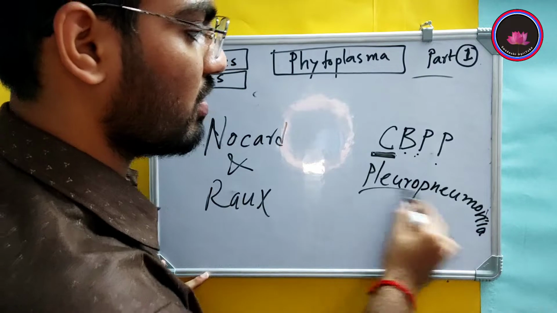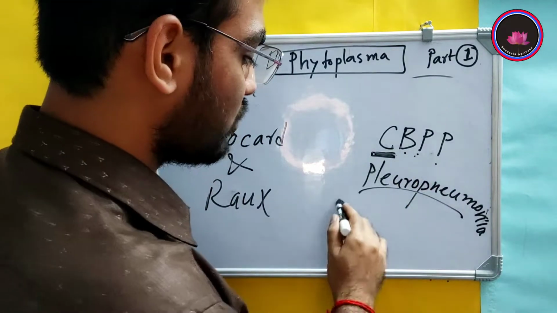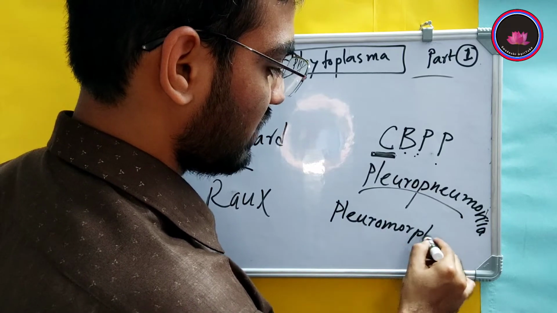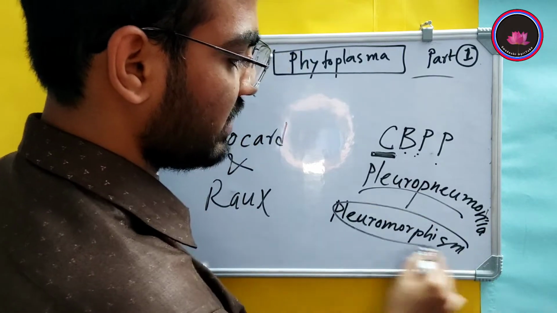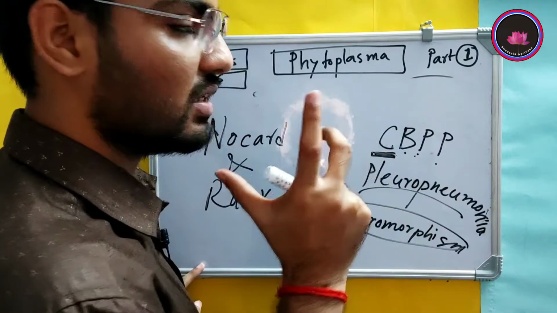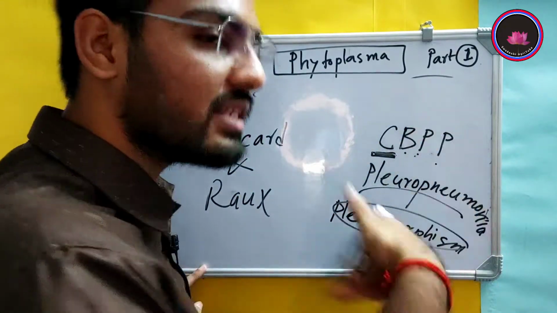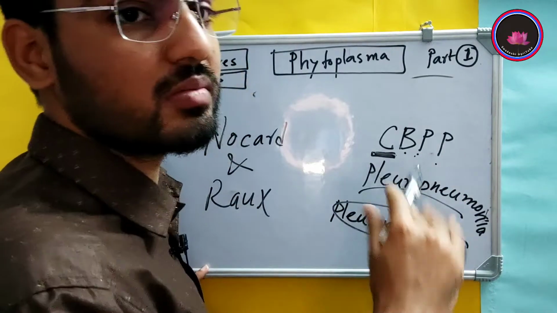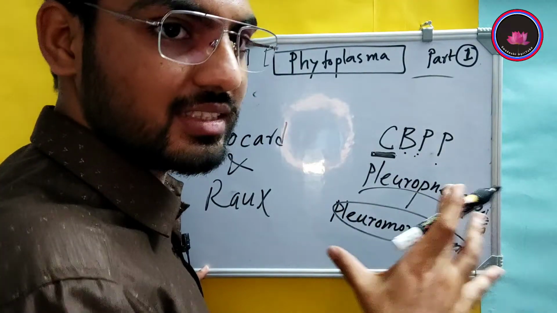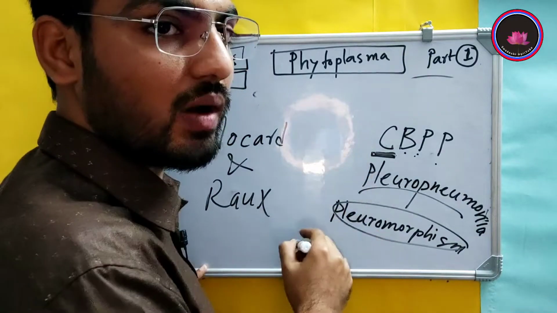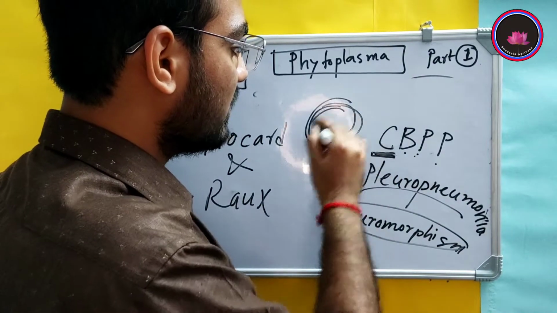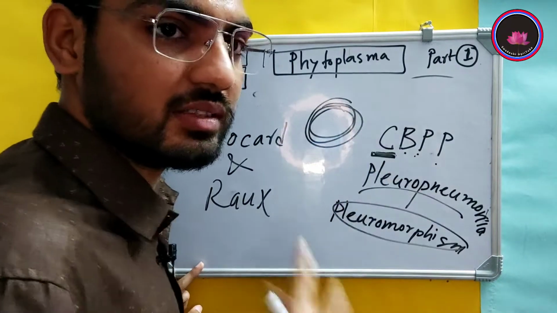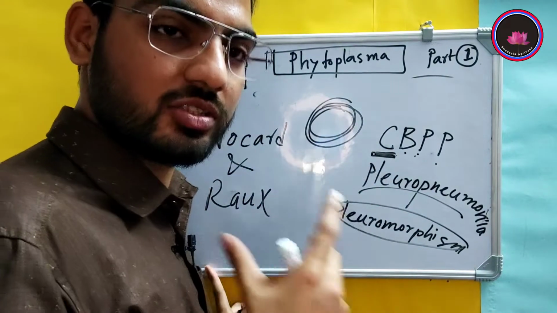So they obtained an organism which is showing pleomorphism. Pleomorphism means there is no special structure, rather they change from time to time. Now we understand why they are changing their structure: because of the absence of the cell wall. Because they have no rigid cell wall, only a trilaminar protein-lipid protein membrane, that's why they have no significant or special shape.